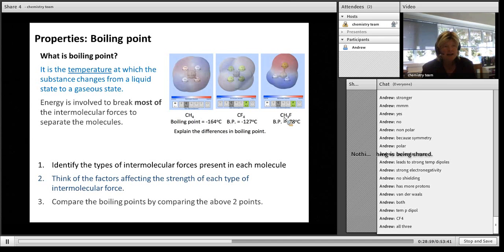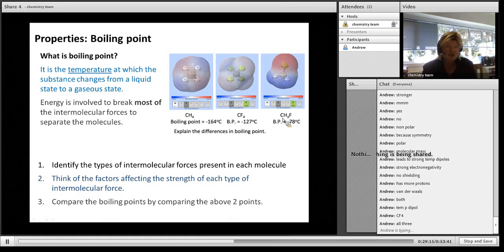The hydrogen has to be covalently bonded to a fluorine, oxygen or nitrogen before any hydrogen bonding can take place. Now here these hydrogens are covalently bonded to the carbon, and because of that, they can't hydrogen bond, because carbon is not stripping them of their bonding electrons, and it's not bonded to the fluorine.